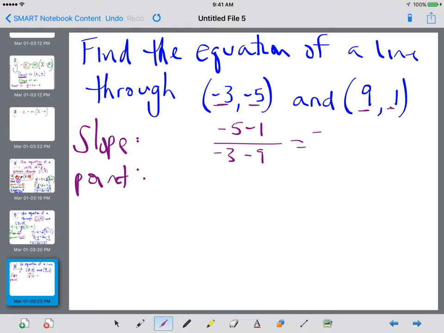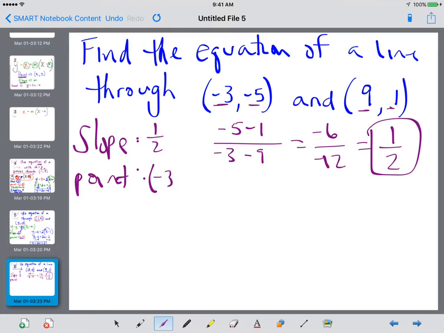And I get negative 6 on top, negative 12 on the bottom. And that reduces to 1/2. Uh-oh, it's a fraction. That's okay. We are allowed to have fractions as our slope. So my slope is 1/2, and the point that I'm going to use is negative 3, negative 5.